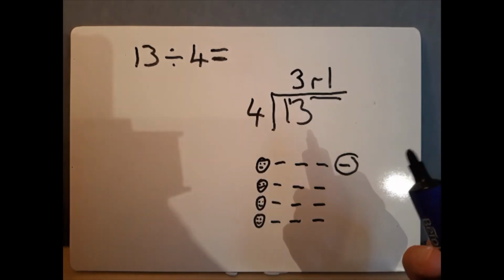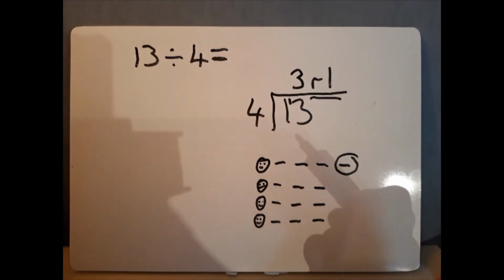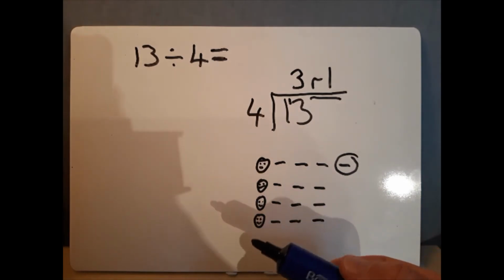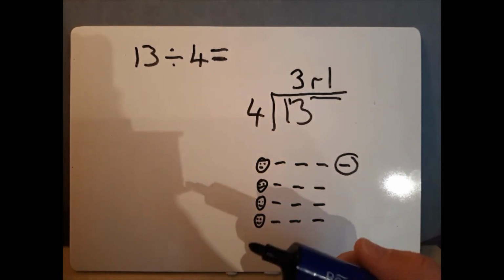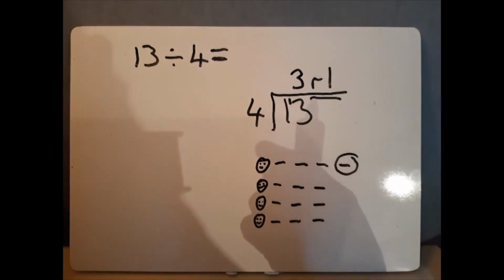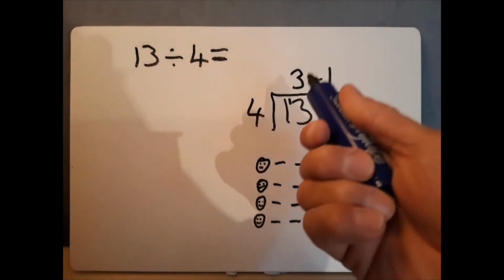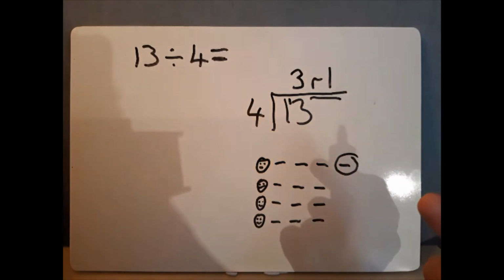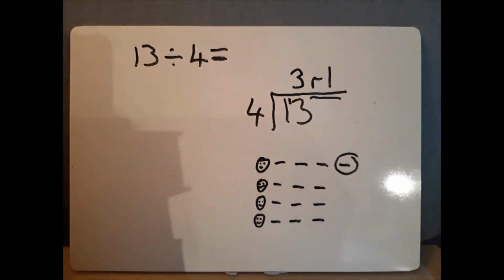So my question might be, if I share 13 sweets between 4 of my friends, how many sweets will they get each? And what is the remainder that is left for me? 3 sweets, remainder 1 for me. So there's one way of thinking about that question.